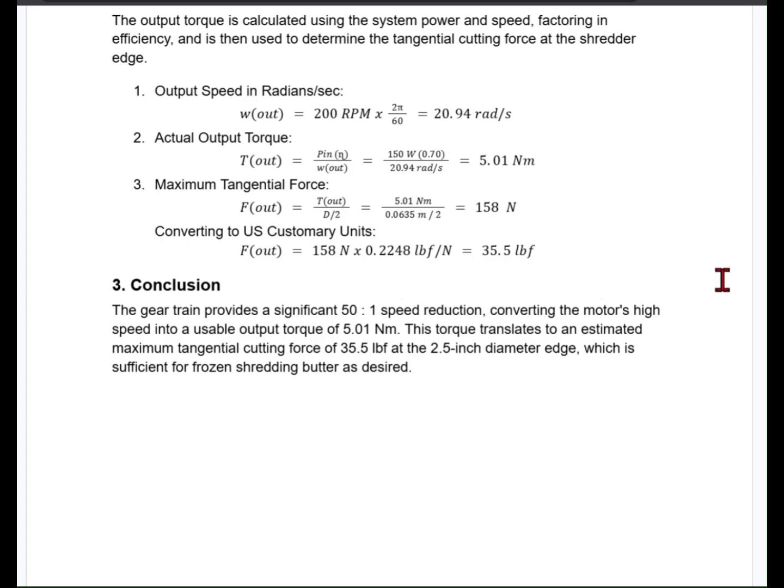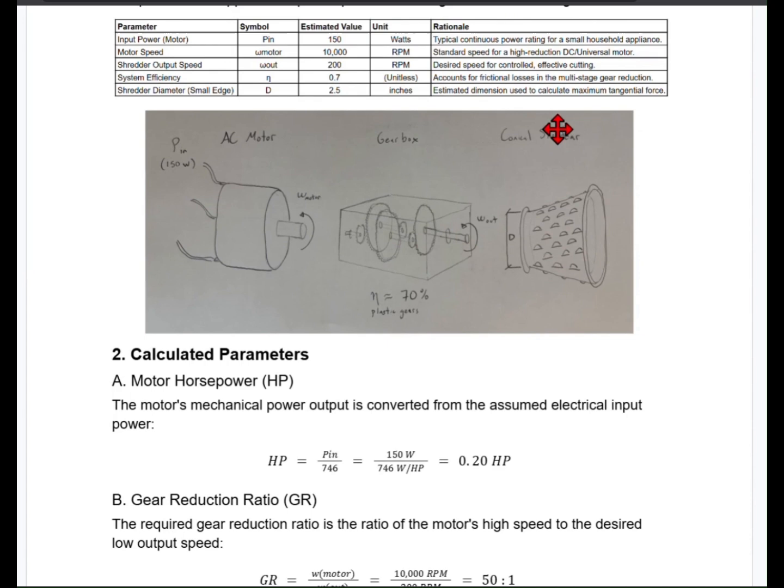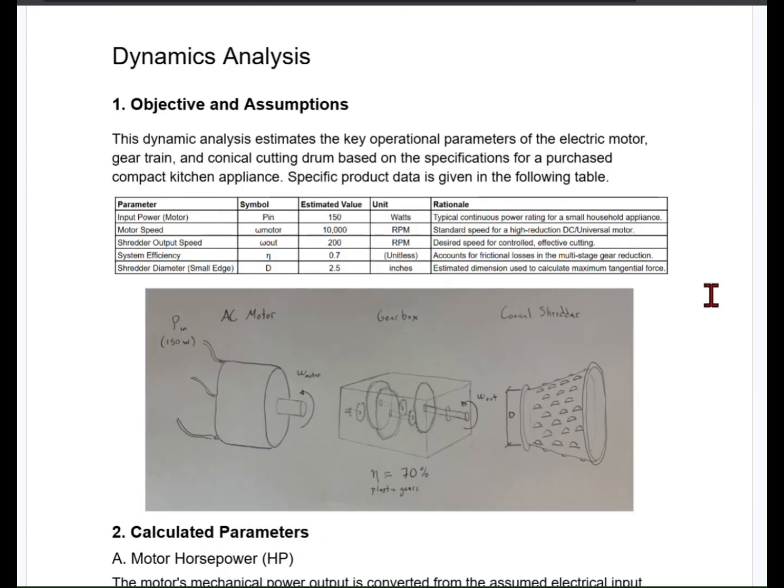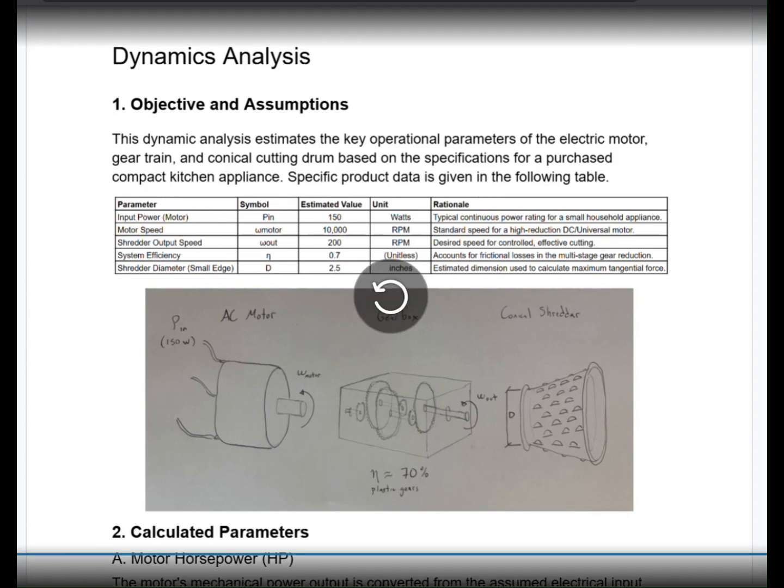And that's pretty much ideal for us, just simply doing frozen or refrigerated butter going through our shredder there. Our goal was to roughly get a pound force around 30 to 35, so hitting that 35.5 benchmark is ideal for us, and that is our dynamics analysis.